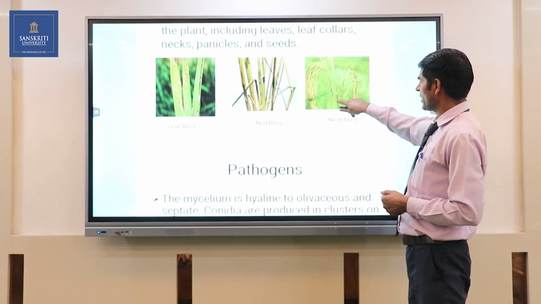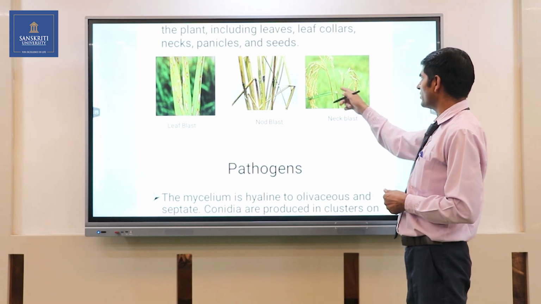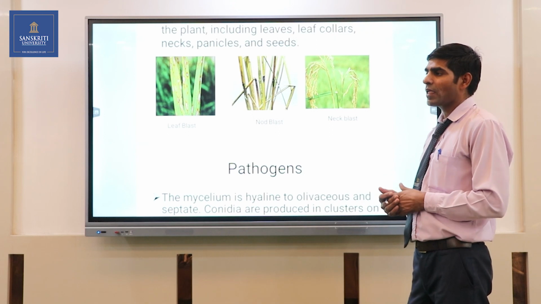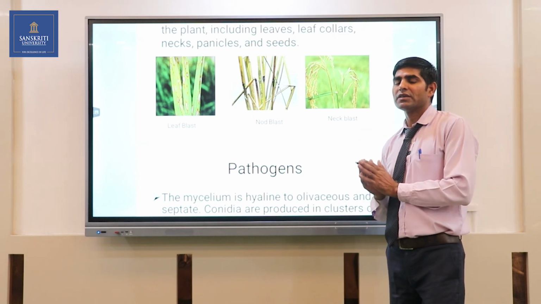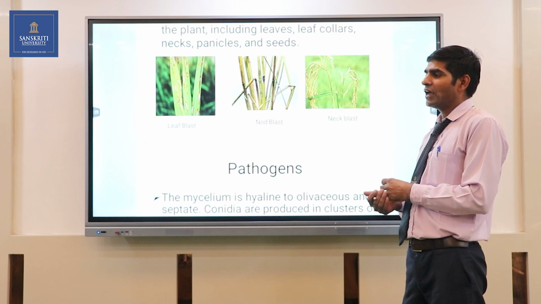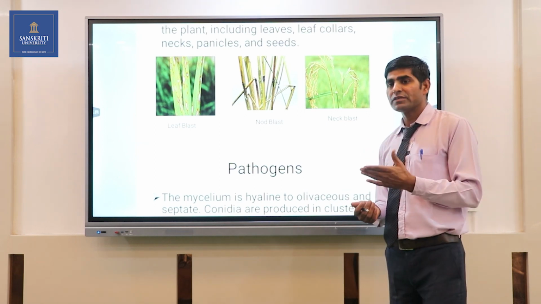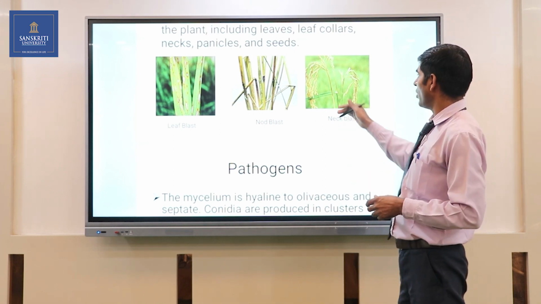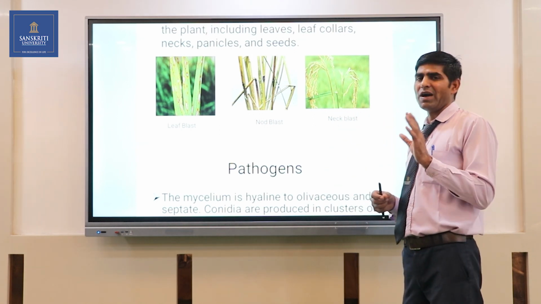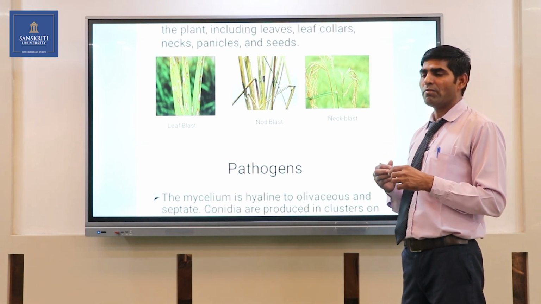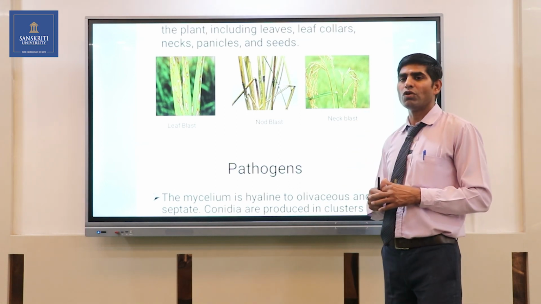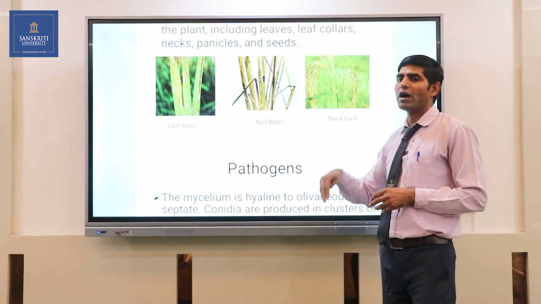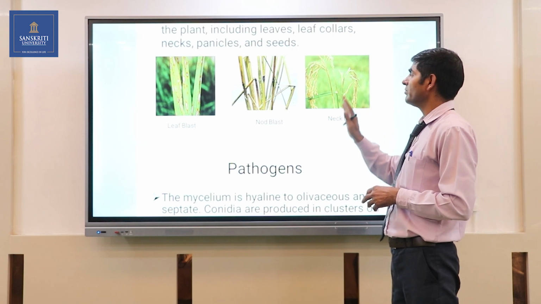So what happens in neck blast? Generally there are two stages of neck blast, pre and post. If the pathogen takes hold at the emergence of the panicles, generally there are minute spots on the panicles, and minute mycelium is also observed in severe condition, and from the neck it will be bent down, and this is the major symptom.